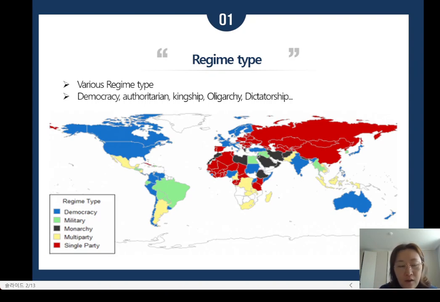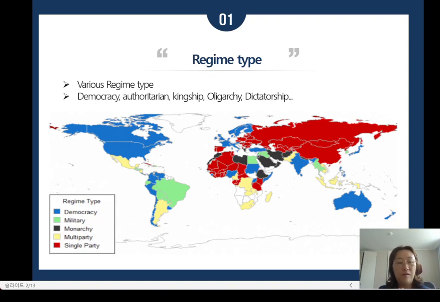In North Korea, it's a single party, but it's really a dictatorship, right? So the father, Kim Il Sung, and after his death, another son, Kim Jong Il, has power, and then Kim Jong Un. So it's a patriarchy kind of regime type. So there are different kinds of regime type in the world.